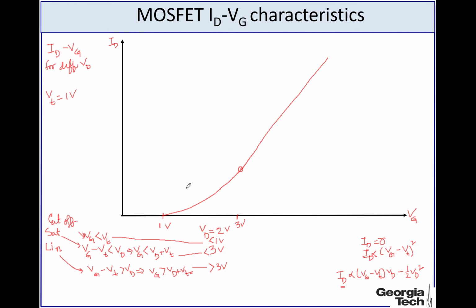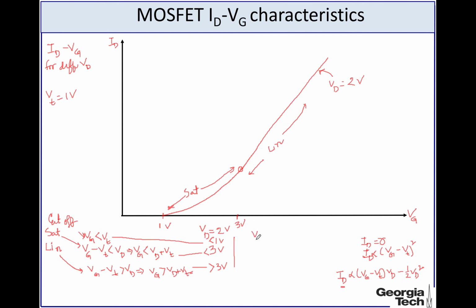So let's write it down. Between 1 volt and 3 volts, it's in the saturation region, and above 3 volts, it will be in the linear region. And this curve is when Vd equals 2 volts.